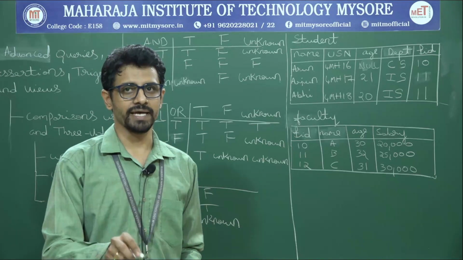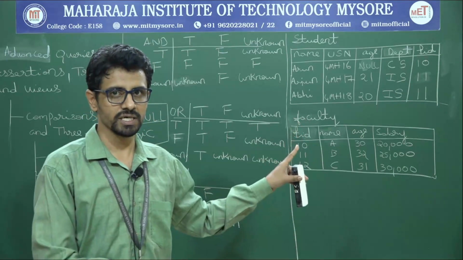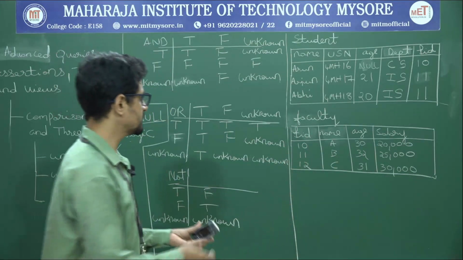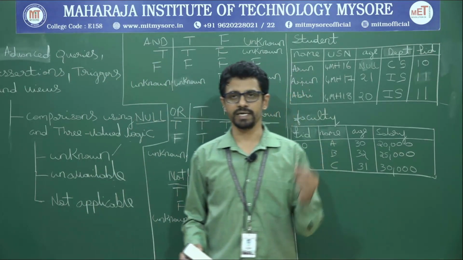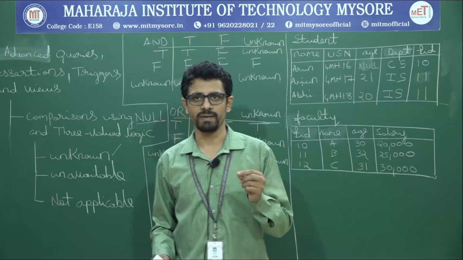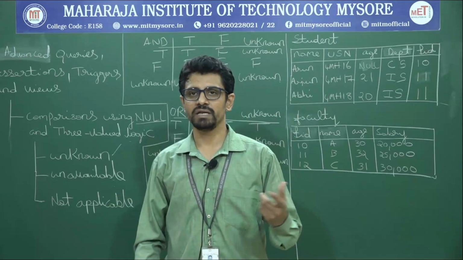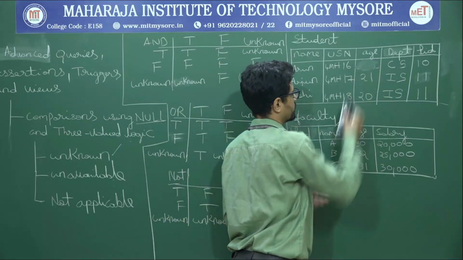He should have an age, but it is unavailable at this point of time. During the insertion, it was not inserted because it was not available. So in that case, the unavailable type of null indicates that I know there is an age, because there should be an age to call him a student, hence it is not available. So it is the unavailable type of null. Okay, so it's clear.